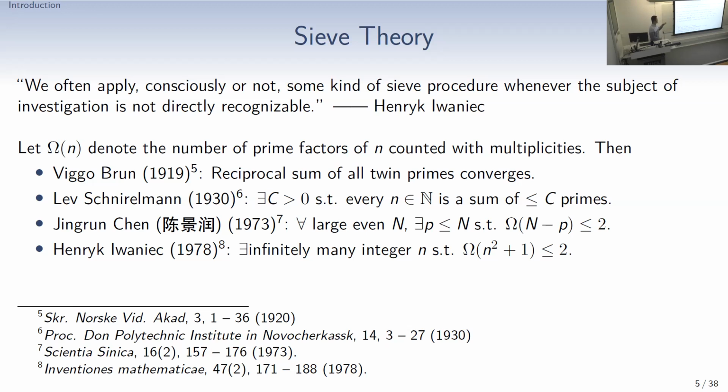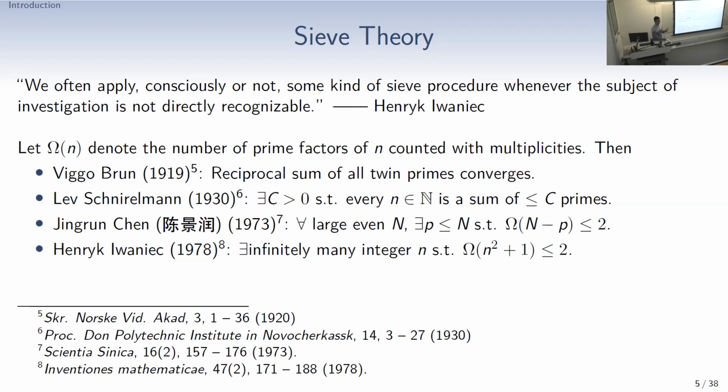But for twin primes, it converges. And for primes themselves, it diverges. So this means that the twin primes are much rarer than prime numbers. But still, it doesn't really mean that there aren't any. So the convergence of this reciprocal sum doesn't mean that we only have finitely many twin primes.